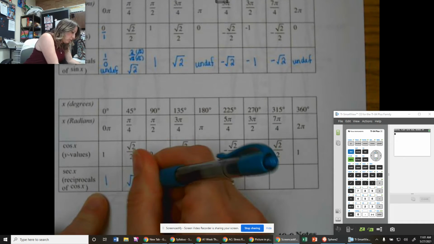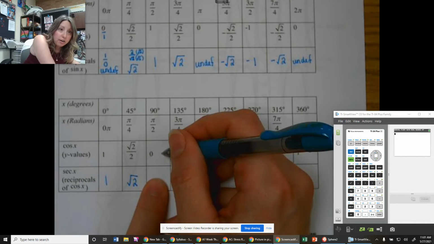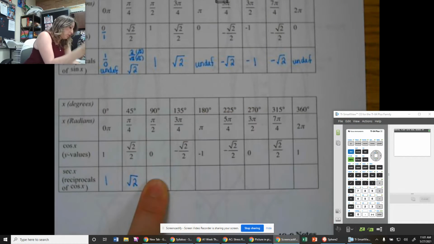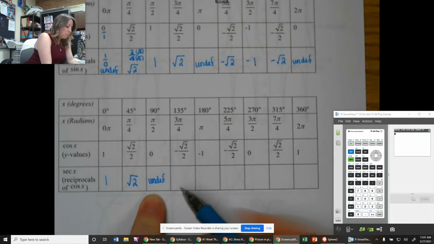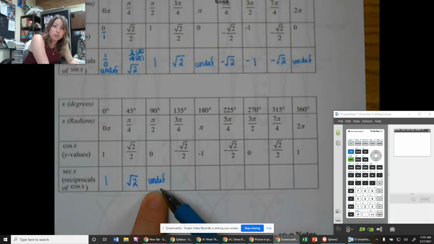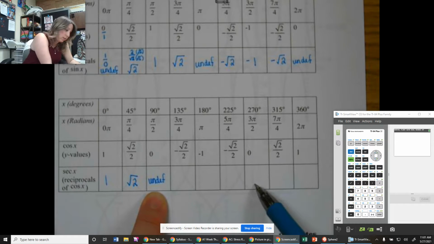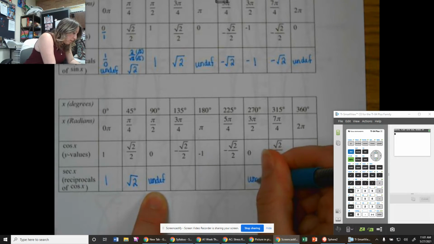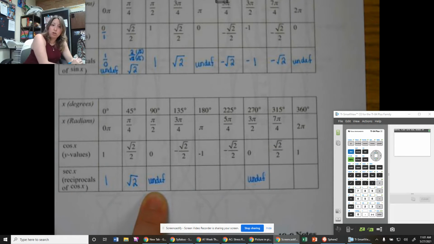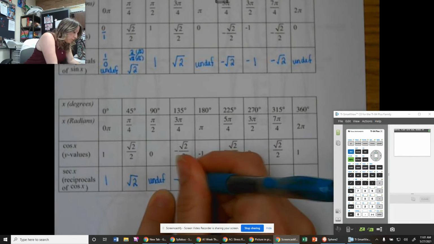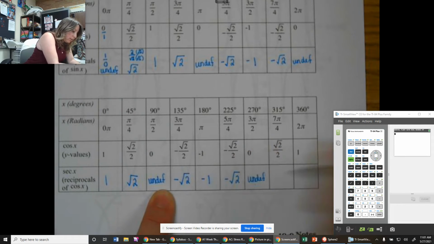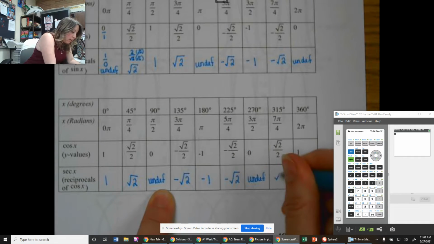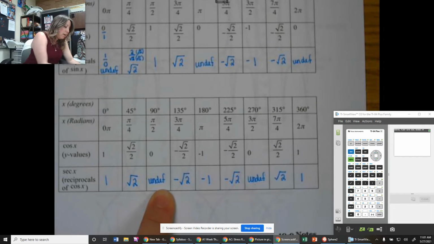Here it ends up being radical 2, but there is our undefined. Flip 0 over, and now all of a sudden you're moving your asymptote to 90 degrees and to 270 degrees. So that's similar to the asymptotes of your tangent function. Now these, of course, are negative radical 2, negative 1, negative radical 2. Then there's your asymptote. Now you've got radical 2 and 1.